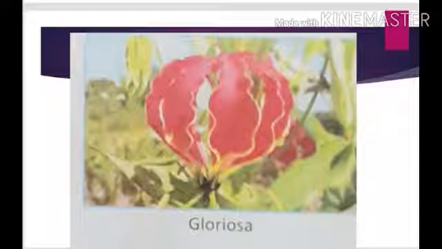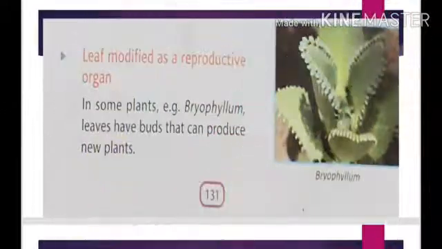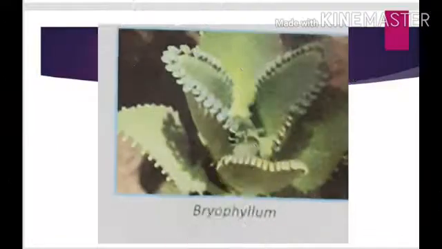The next modification of leaf is leaf modified as a reproductive organ. In some plants like Bryophyllum, leaves have buds that can produce new plants. You can see the picture, dear student. At the edges of leaves there are some buds.